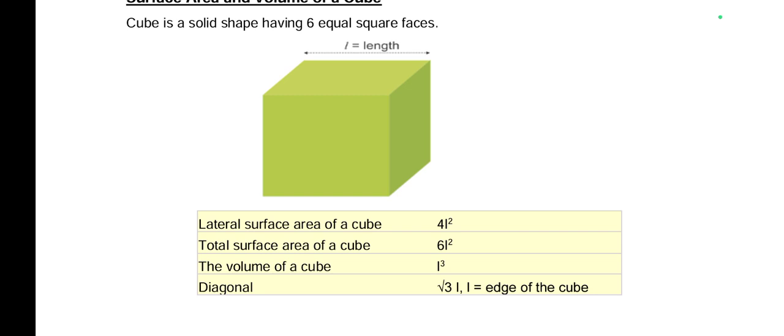If there are 4 surfaces, it is 4L square. For total surface area, we have to find the area of all faces. Because there are 6 faces in a cube, the total surface area is 6L square.